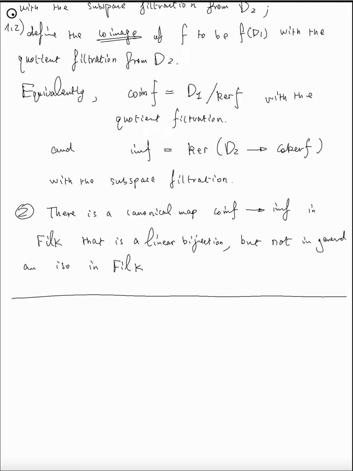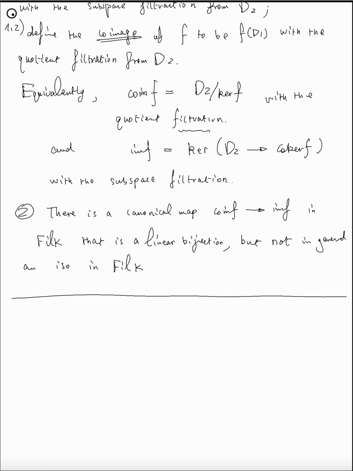But it doesn't matter because as a module D1, D2 are the same. Okay. Here we are just describing this module and then the filtration. It's better to put it D2 because we're using the filtration on D2, but then take the quotient. Here we're using the filtration on D2.